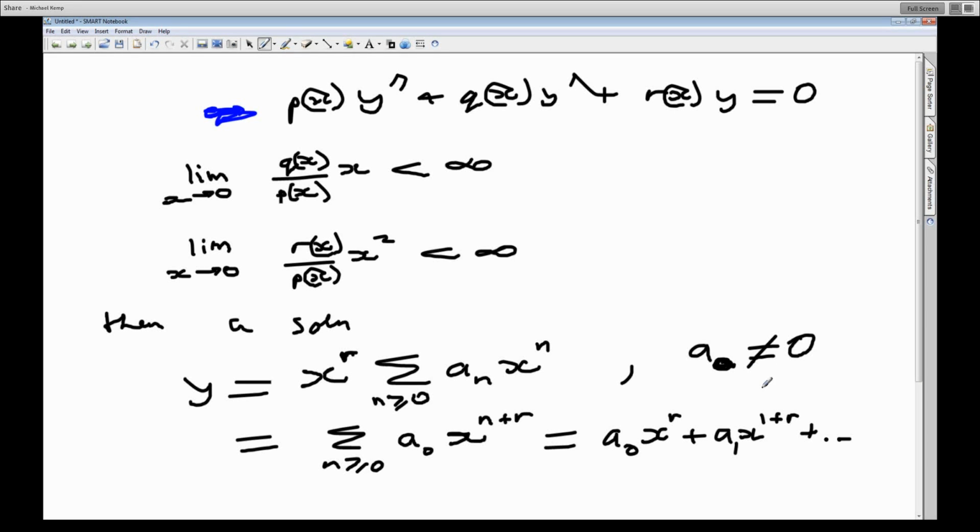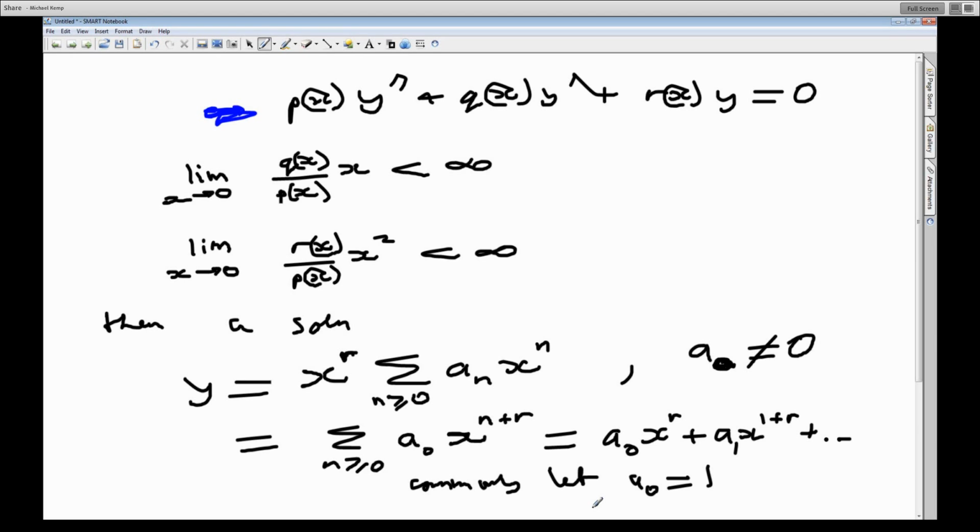In particular, because this will form a fundamental solution, not the whole general solution, we'll often let a₀ be 1 when doing various calculations, just to make things easy to work with. That would produce a fundamental solution for us. So that produces one of them.